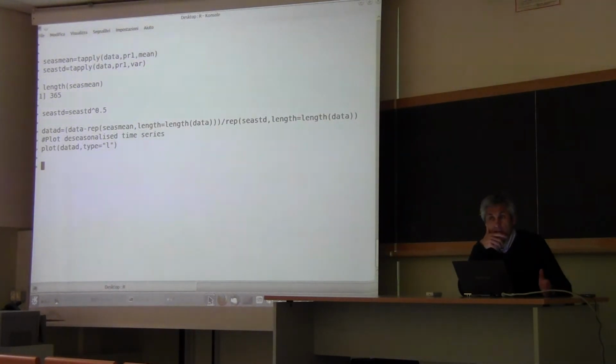If you want to get a confirmation that the time series is seasonal, a good solution is to plot the autocorrelation function of the data up to a lag which is the same as the length of the seasonality. So up to a lag that in this case should be 365.